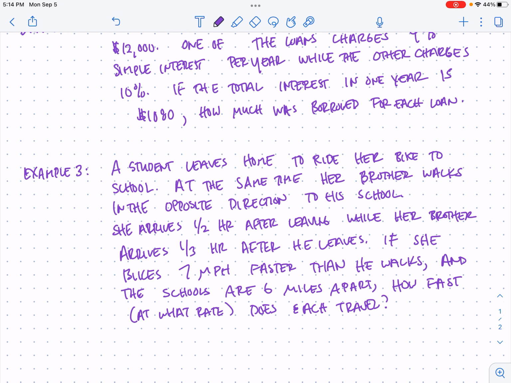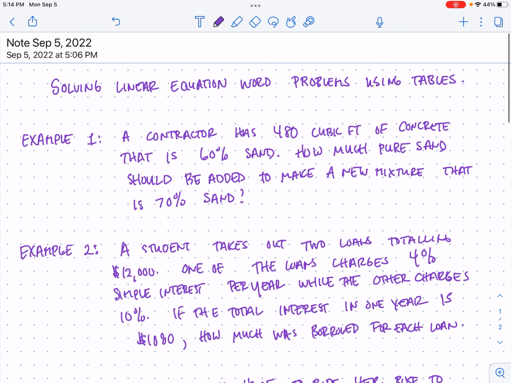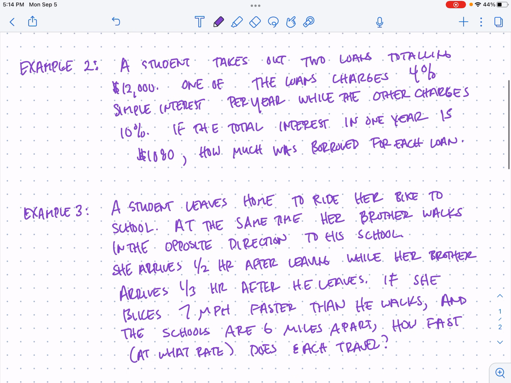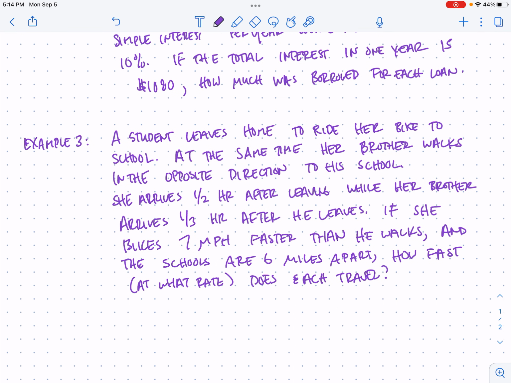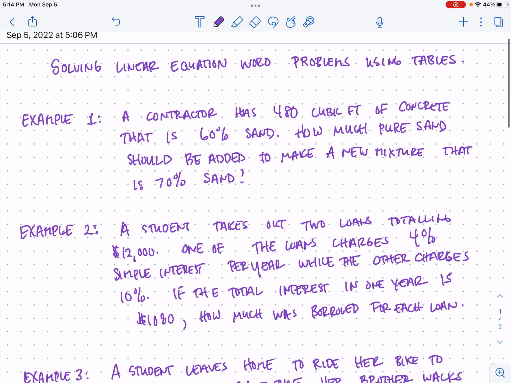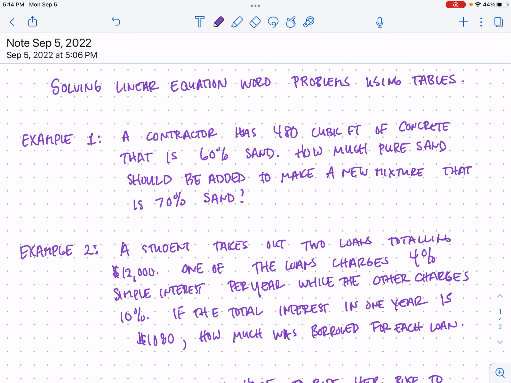Okay, so again, 3 different problems, seemingly unrelated. We're going to see that we can use the same technique to solve them. The key here is that each of these relies on a formula that uses multiplication. So in example 1, this is what's typically called a mixture problem.